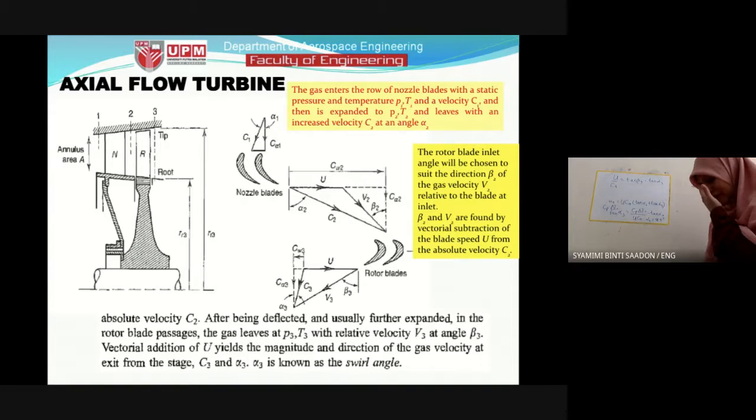Another relation between U over CA. Again, this one you can try to derive from the velocity triangle. So we have beta 3, 48.5 degree.